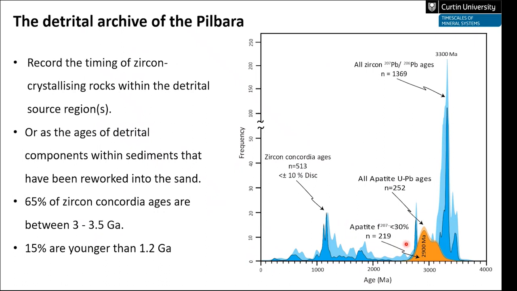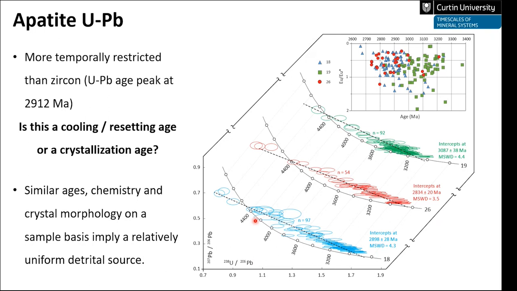Whereas zircon, being more refractory and durable, seems to almost represent a very comprehensive archive of Western Australian geology since the Archean, with ages spanning from 3.6 Ga to as young as 200 Ma.